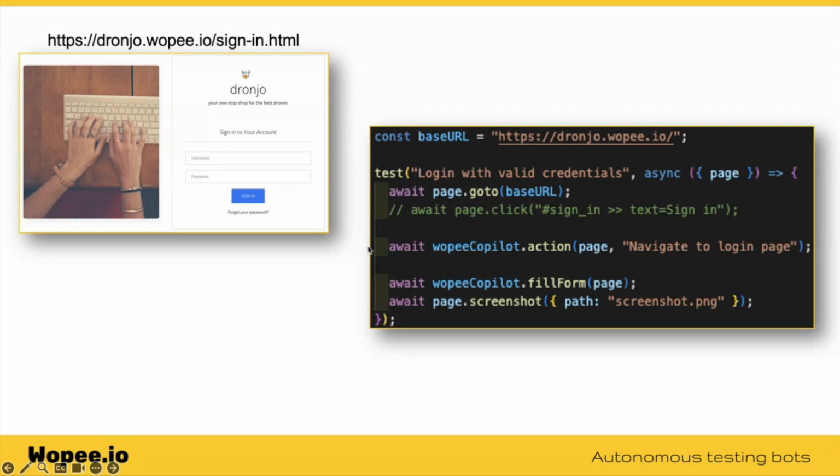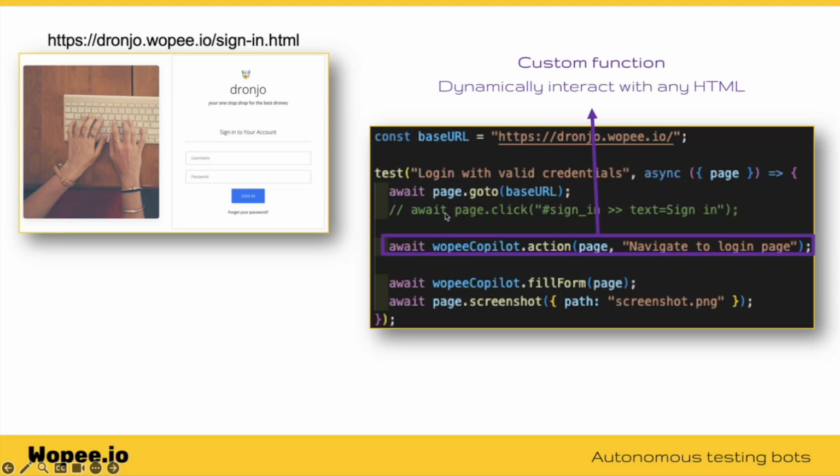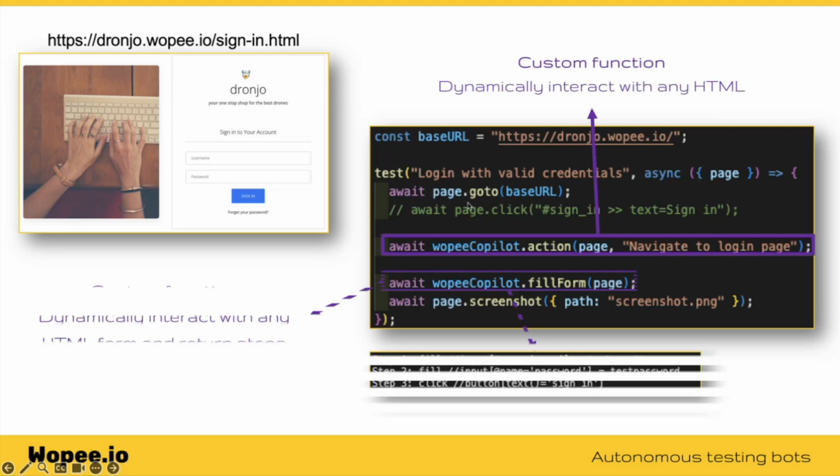You could also provide all the details, what the locators are, what the data is, what the submit button is. But instead of that, you could just say on this object page, I would like to fill the form.